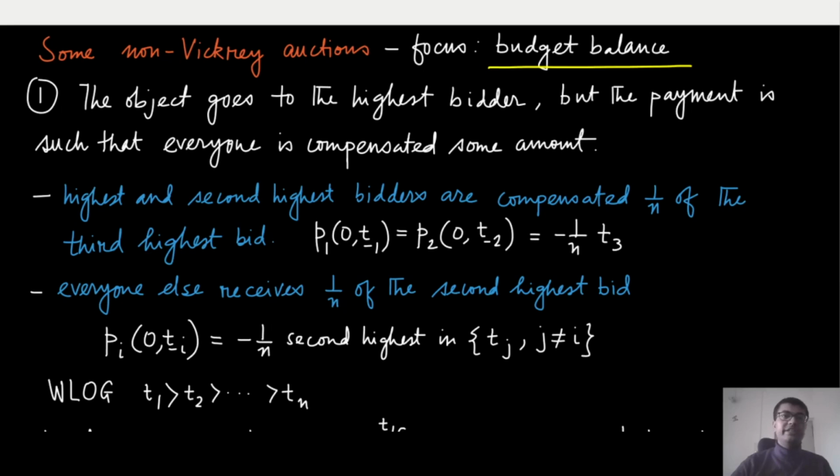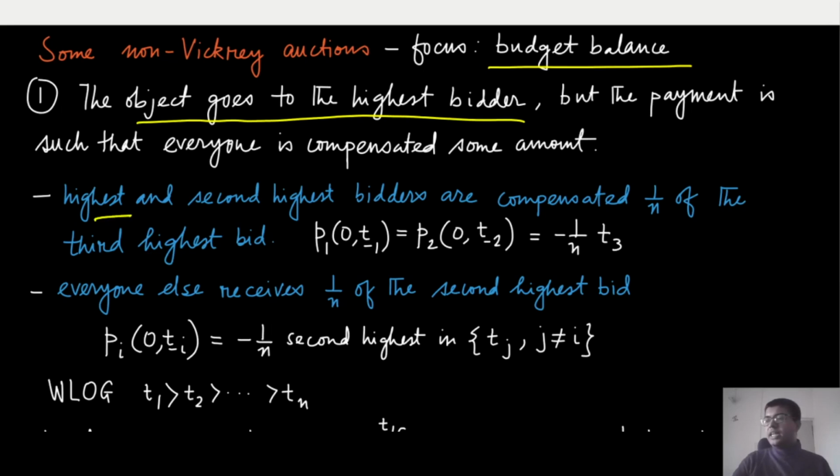This is a little different, unusual mechanism. The allocation is still similar: the object goes to the highest bidder, but the payment is such that everyone is compensated some amount, and that can be done by appropriately choosing this constant function, which is pi 0 comma t minus I. How is this implemented?